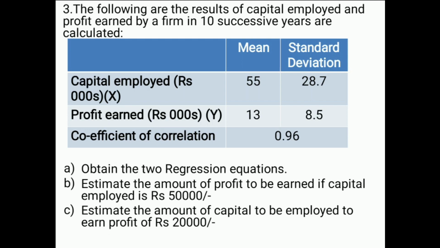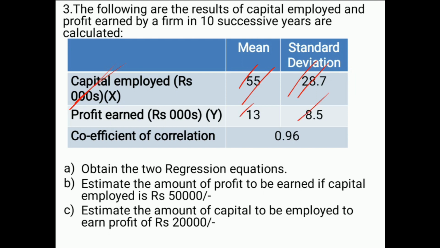So the average capital employed is 55 thousands, and 28.7 thousands. Thousands in the bracket means it should be multiplied by thousands, for 55 and 28.7. Profit earned is 13 and 8.5.